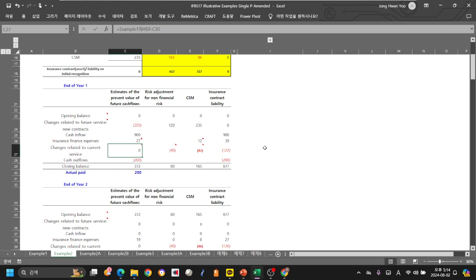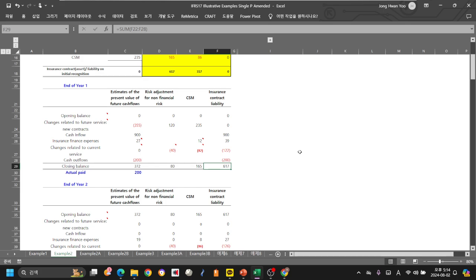Anyway, here we are just using 3 years, and we just use the interpolation function to come up with the 82. It means that these two values added together, that is 122, are going to be recognized as profit during year one, right? That's how it works. And if you simply sum those series of numbers, the closing balance is like this.